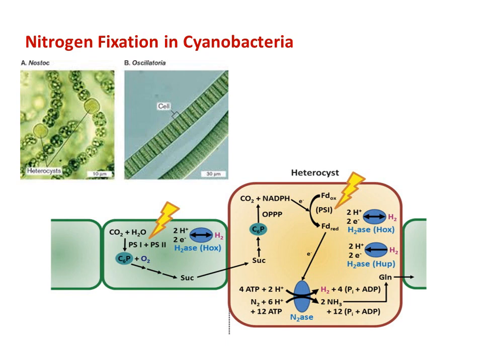For this particular process, many of the blue-green algae have a specialized compartment or a specialized cell called heterocyst. Heterocyst is a specialized cell which has a thick wall around it.